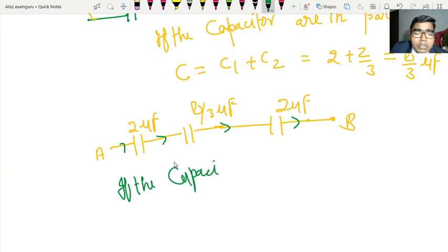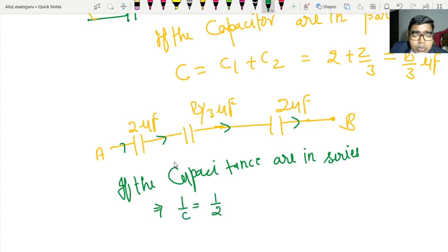And if capacitances are in series, for the series combination, 1 by C equals 1 by 2 plus 1 upon 8 by 3 plus 1 by 2.